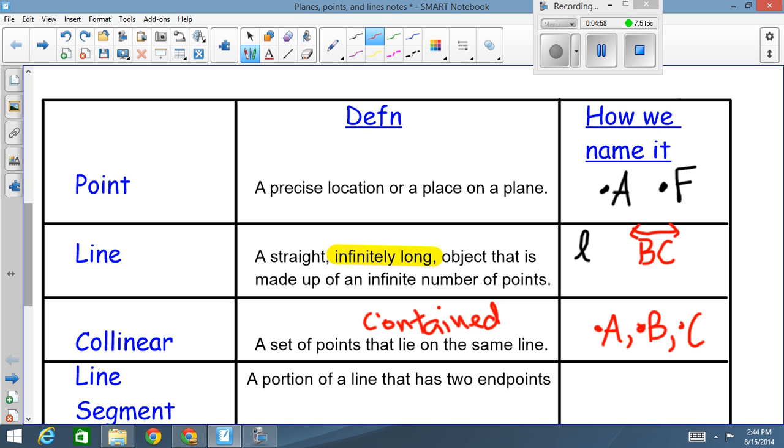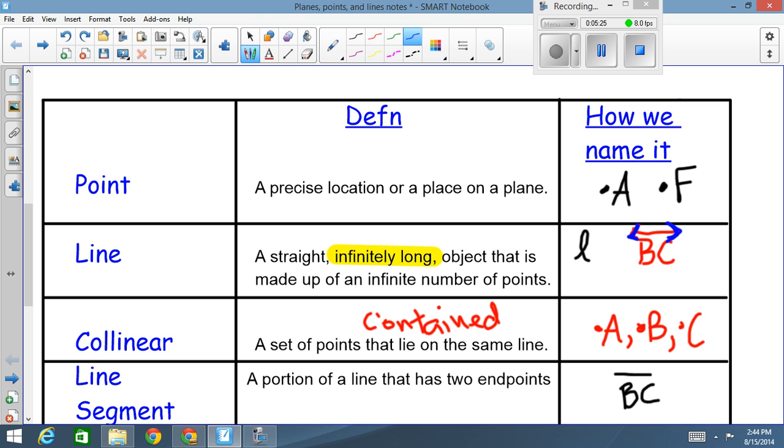So remember when we were naming the line, I said if you're going to use B and C and put that line above it, make sure that you put the arrows on both ends, like we did up here, because if you don't put the arrows on, then you're calling it something different. You're calling it a line segment.